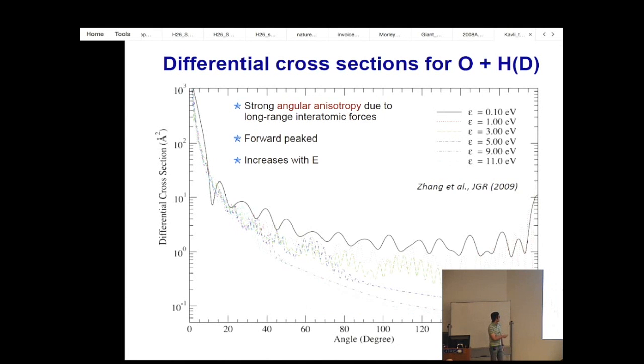For example, if I look at the differential cross section for the same process, this can be reflected in different sizes, or different amplitudes, of these little oscillations. And as we go down in energy, this becomes more evident. But then the forward peak increases as we go up in energy. So this becomes important, for example, for more energetic processes like solar wind ions coming in.